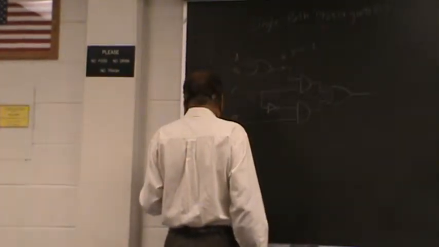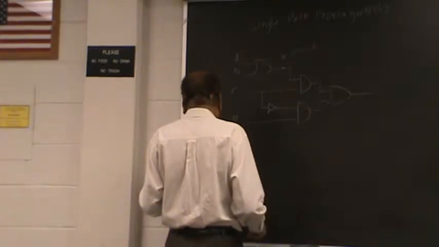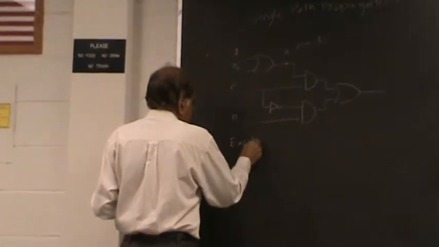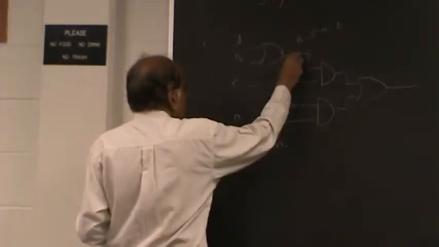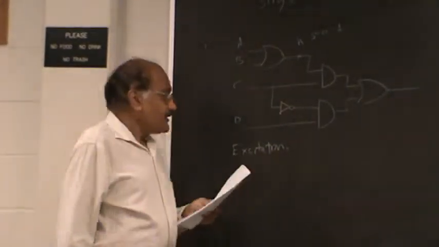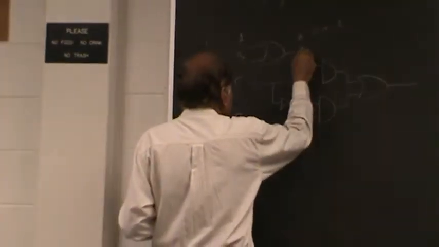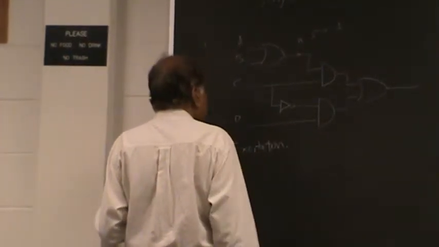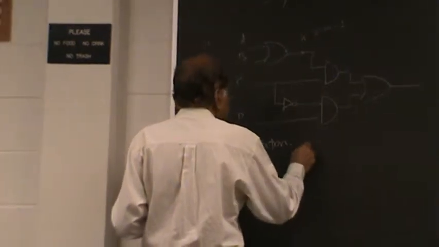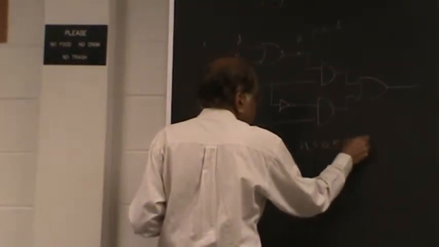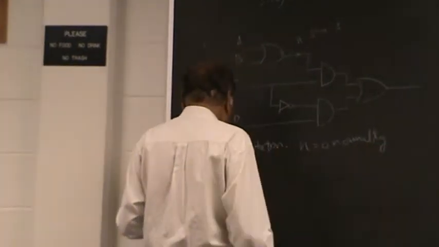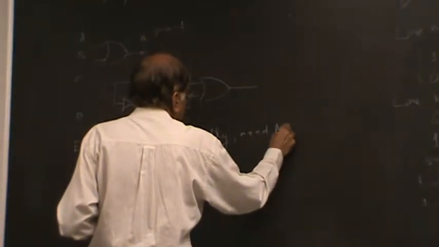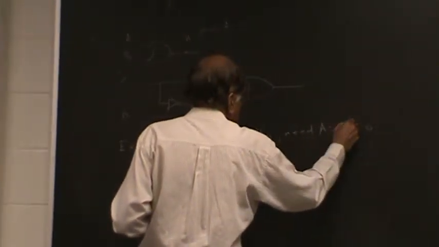So here, let's try this. And let's start with excitation. We want to excite the fault. And since this is stuck at 0, somehow we need to bring a 0 there. And in order to bring a 0, we need to use A equal to 0 and B equal to 0, right?